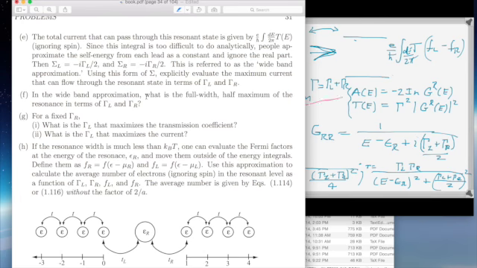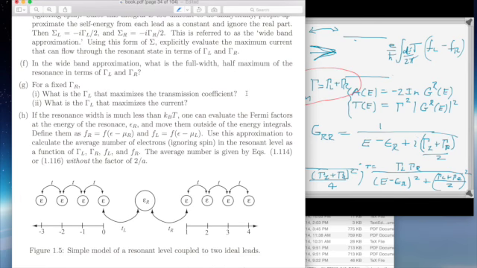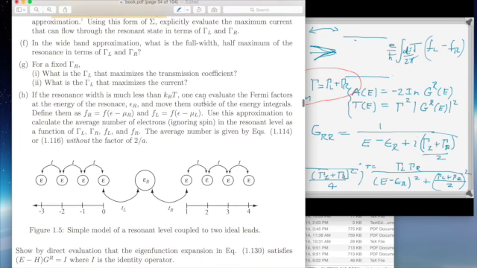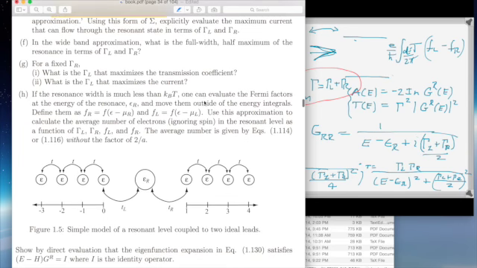And then it's just playing around with your expression. So again, using this approximation for your sigmas, fixing gamma R and saying what gamma L will maximize the transmission coefficient and what gamma L maximizes the current, the maximum current that can flow.